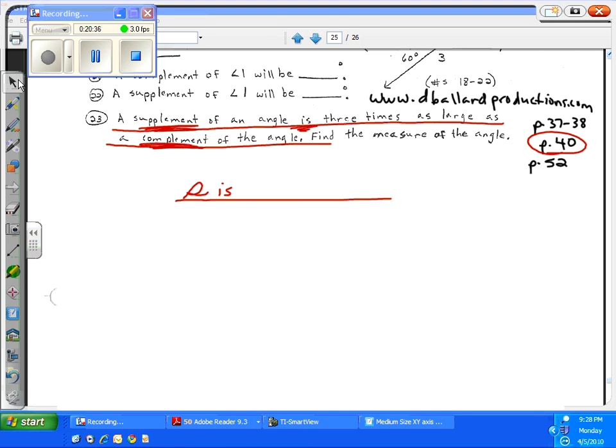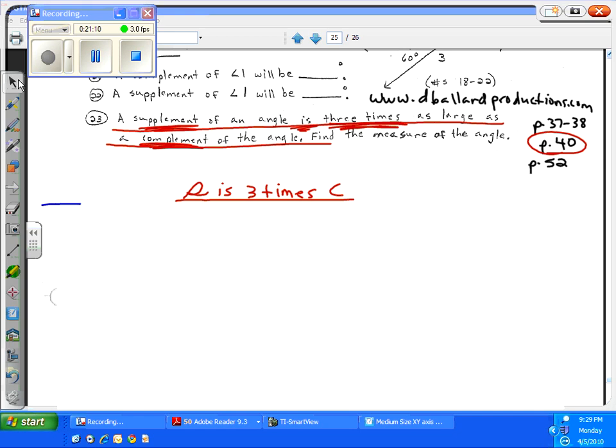Supplement S is, see, we need the characters, and the verb, and anything that means add, subtract, multiply, or divide. So all we need is supplement S is 3 times, that means multiply. As large as we don't need, we do need the other character, complement C. S is 3 times C, that's all we need.